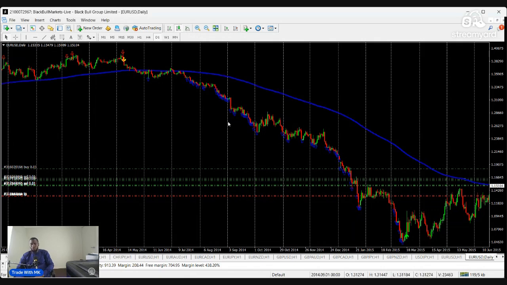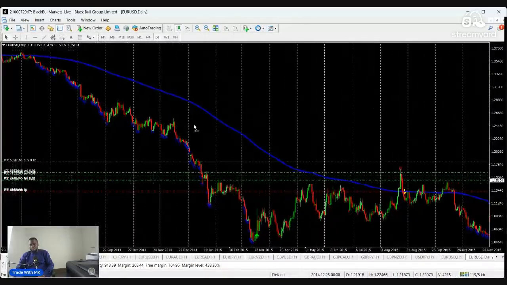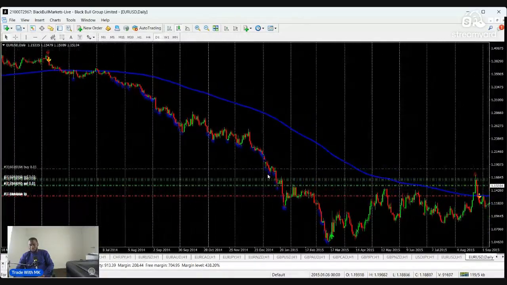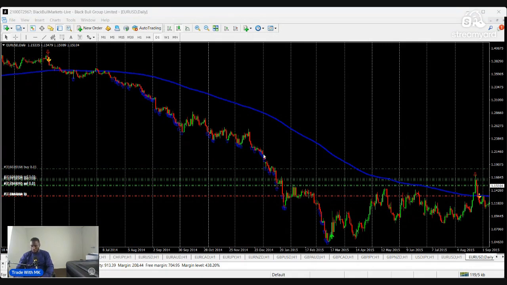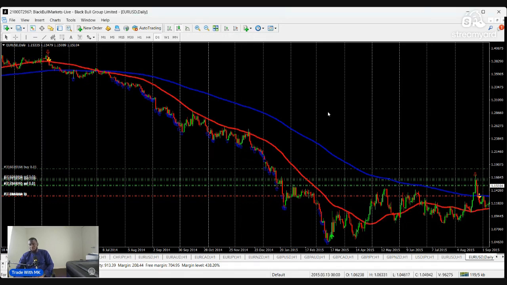That's 200, so it calculates the last 200 days. And then they will add another moving average, you go to insert, indicators, trend, and then here moving average, and then they will add the 50 moving average and close. Either use simple moving average and then use red. So this tells them where the trend is.